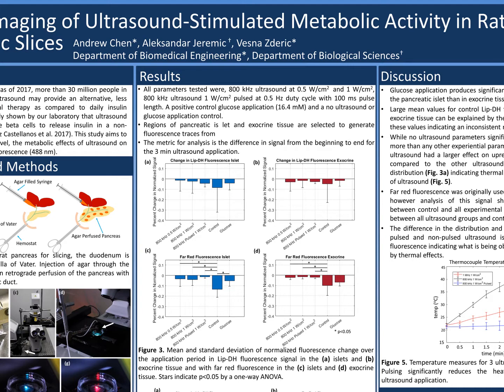While we don't see any significant differences with the LIPDH fluorescence, we do see some with the 633 nanometer, which we analyzed since we had the data, although this type of analysis for the pancreas slice is new and we haven't seen it before in the literature. But it appears to be providing different information than metabolic activity, given the differences that we do see.